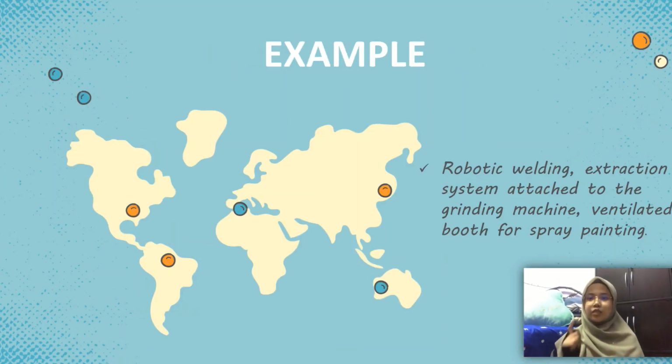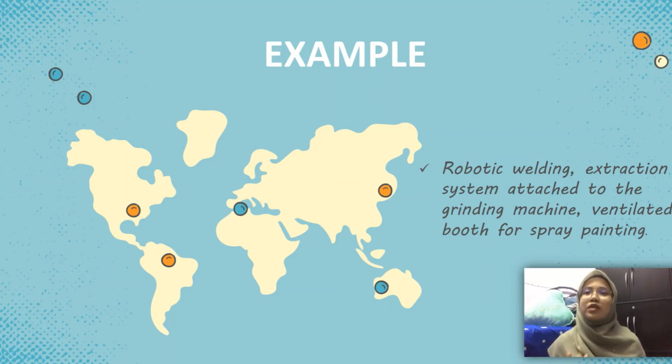Examples of engineering control are robotic welding, an extraction system attached to the grinding machine, and a ventilated booth for spray painting. Those are examples of engineering control that we can apply at the workplace to protect workers from chemical hazards.